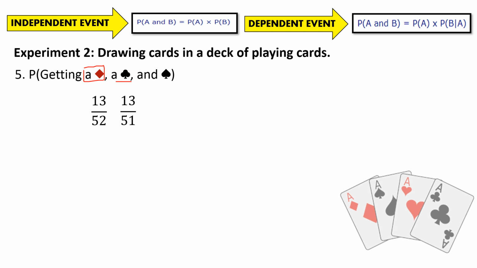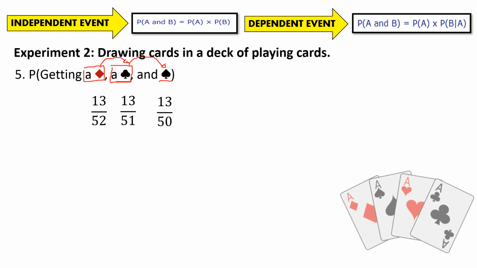So 13 over 51. Before going to the third event, we will assume that we managed to get a club. So that 51 will now become 50. And the number of spades will still be 13, so there's no effect. A diamond won't affect the number of spades, and the number of clubs won't affect the number of spades.